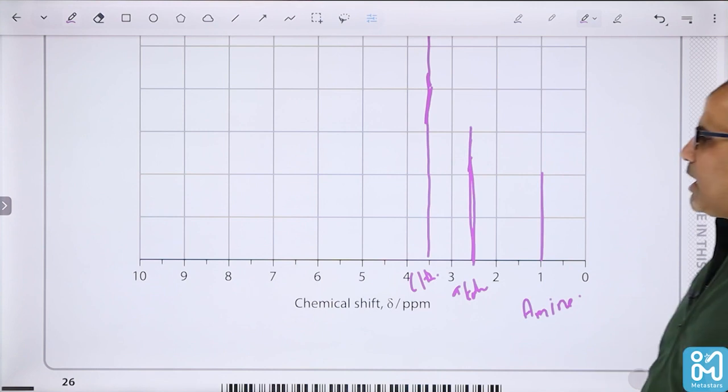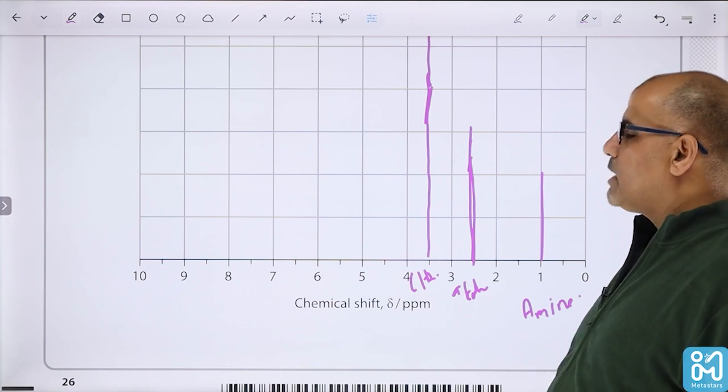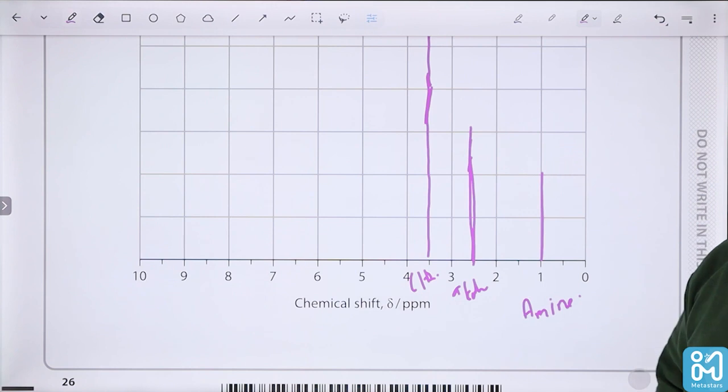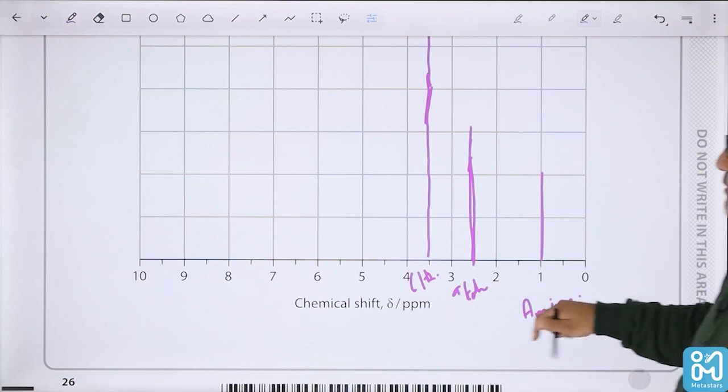You should return back to the data booklet and find the values of the chemical shifts.